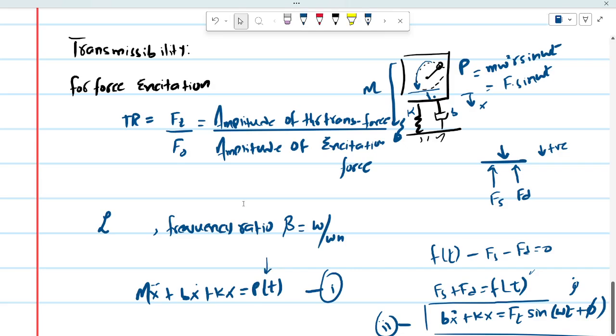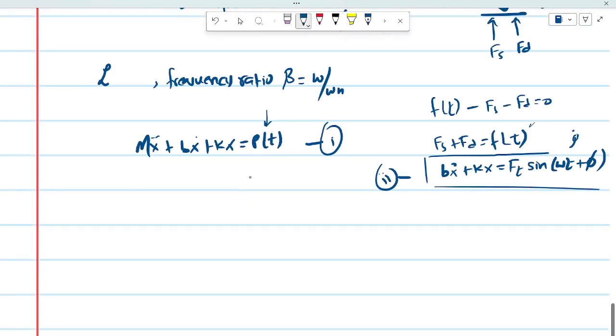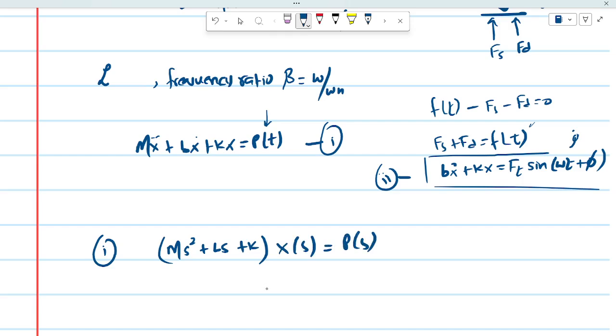So for that we move towards the transfer function. For equation 1, it will become m s square plus b s plus k whole into x of s. That is the output, and that's the input force. So that's output over input, and it will be equal to 1 over m s square plus b s plus k.